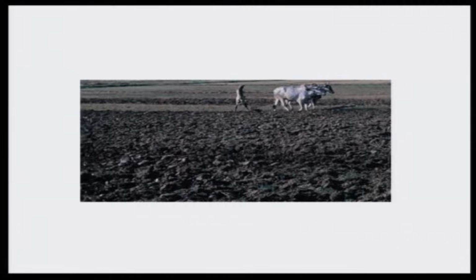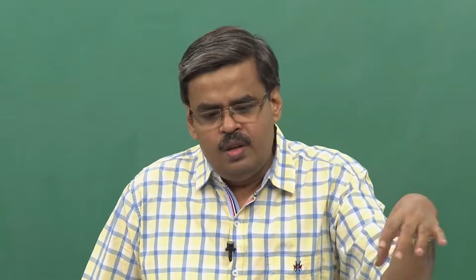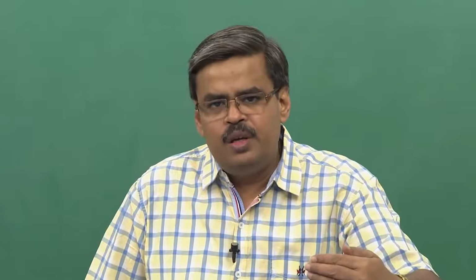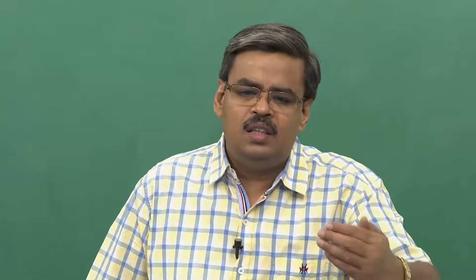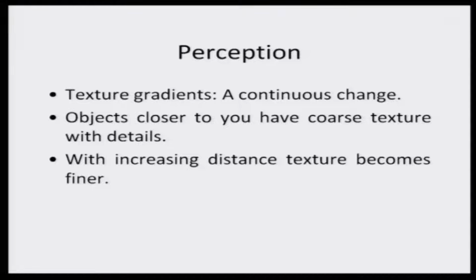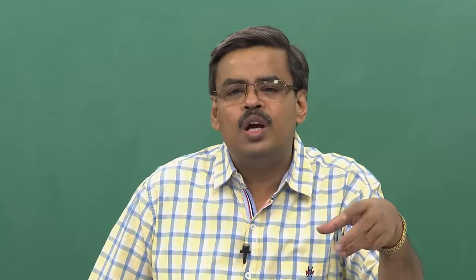And this gives you a feel that, well, things which are nearer to me, in terms of texture gradient, will have much more coarse texture with details, whereas things which are at a distance, there you do not have that. The texture does not have those coarse details, and therefore, you realize that the texture becomes more and more fine.